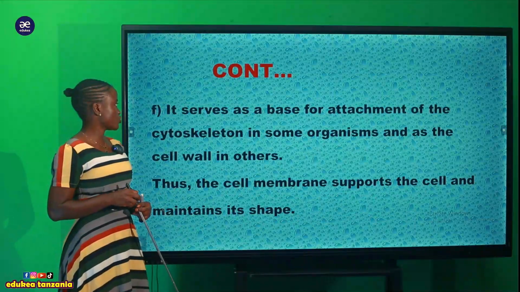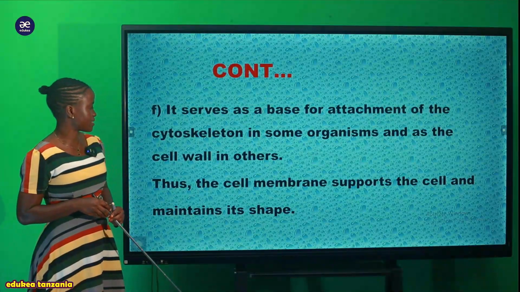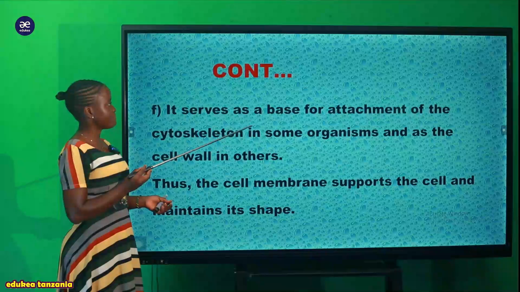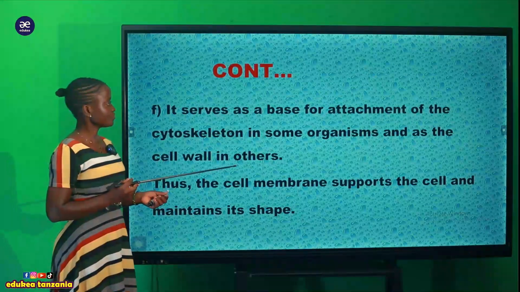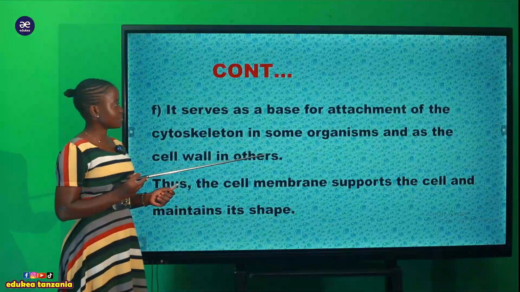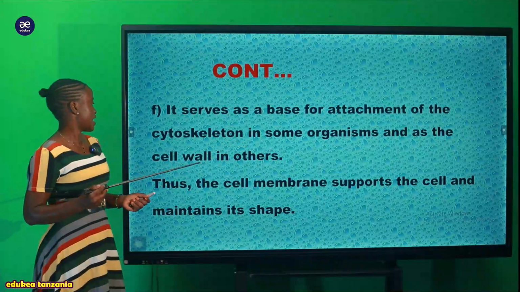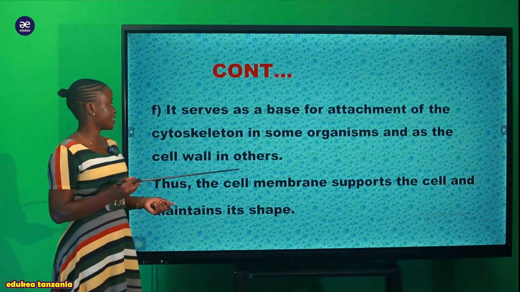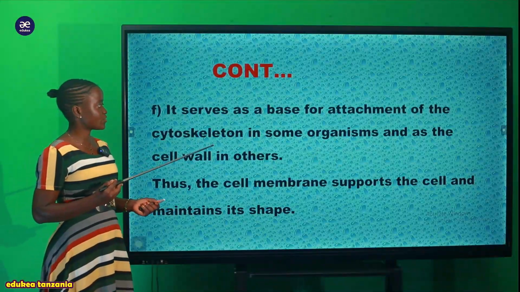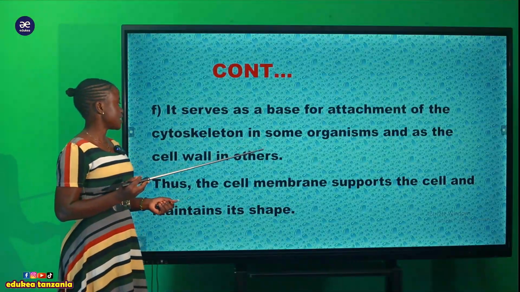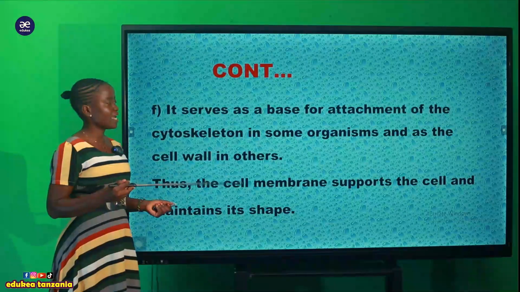And another function of this cell membrane, we can simply say that it serves as a base for attachment of cytoskeleton in some organisms and as the cell wall in others.